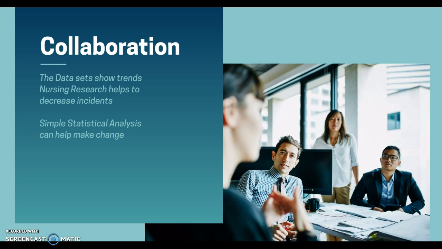It shows these nursing researchers have improved patient outcomes and created evidence-based care for us, reducing incidences of these terrible patient outcomes and turning them around. And it was just from simple statistical analysis to help make this change.